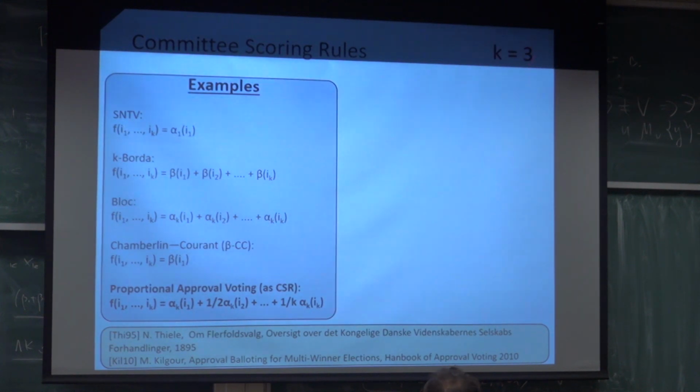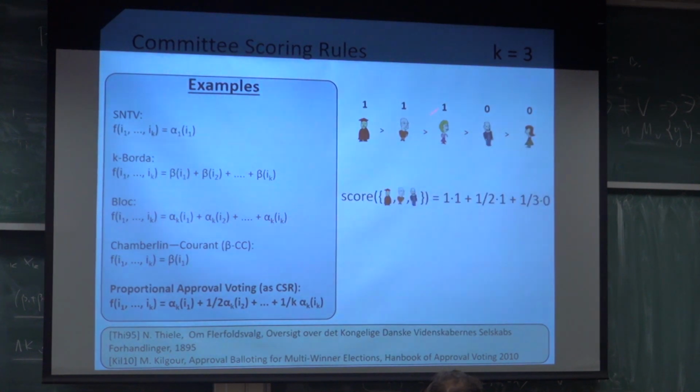So if we have committee size 3, and we had committee red, orange, and blue, we would take 1 full score for the red guy, but only half for the orange, and only 1/3 of 0 for the blue guy. Okay, this is an example of the rule.